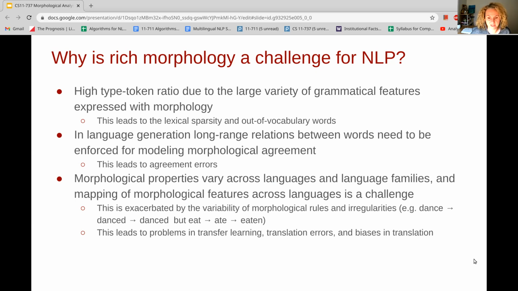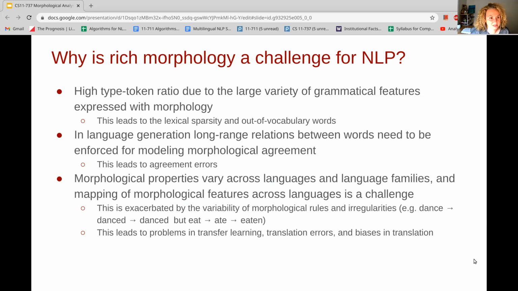So a Turkish sentence that is written basically, they are a nurse, would be translated as she is a nurse, and they are a scientist would be translated as he is a scientist. And this just amplifies biases in English training data.